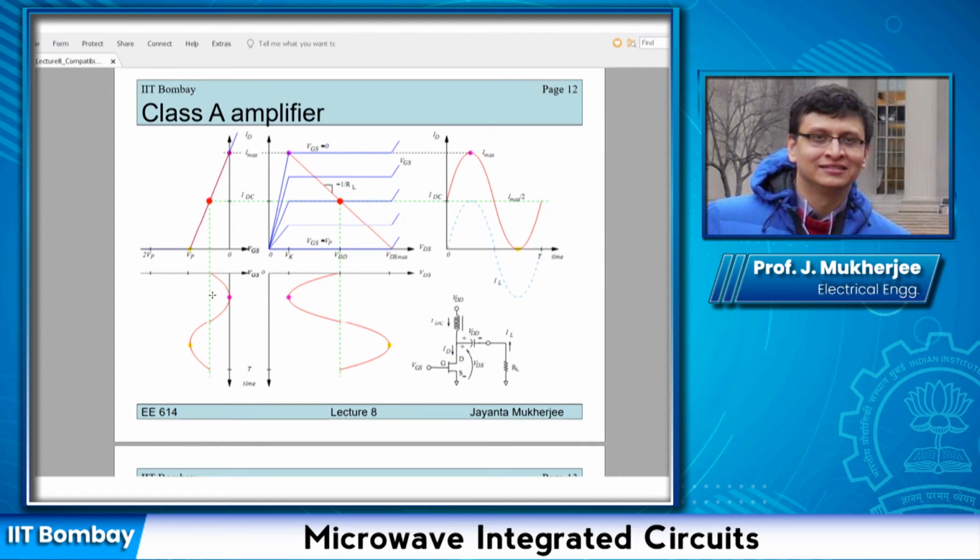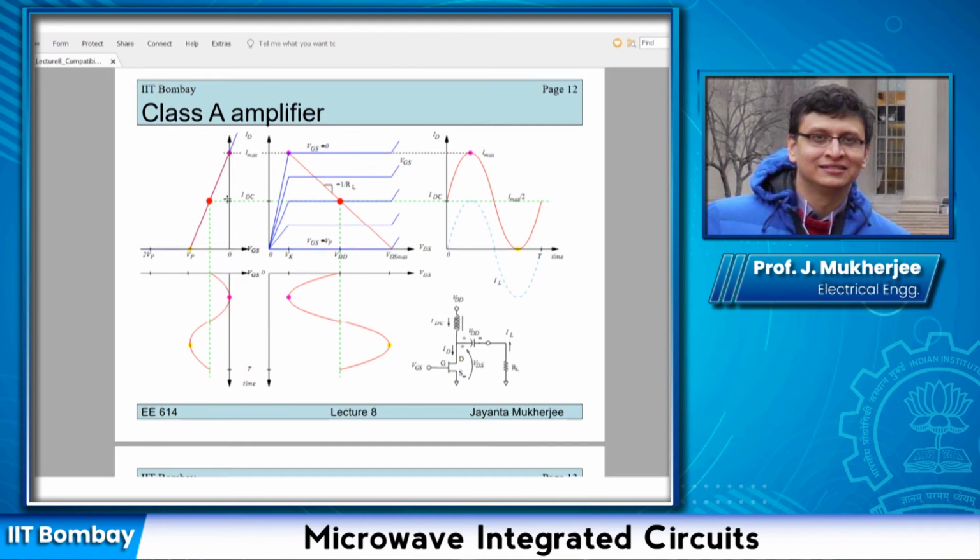Now when I apply this, this curve shows the input signal with time. I have just inverted the axis, so time is now the vertical axis and voltage is the horizontal axis. In this curve, I apply my input voltage between VP and 0. Of course, you have to understand that VP is negative, as I said, it's a depletion type transistor.